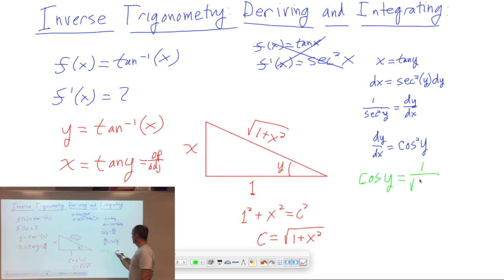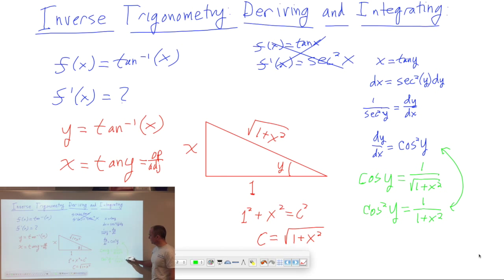So that would be 1 over the square root of 1 plus x squared. So cosine squared of y would be 1 squared, which is just 1, over my denominator squared, which just means the radical will disappear, and we'll have 1 plus x squared. These two things are identical.